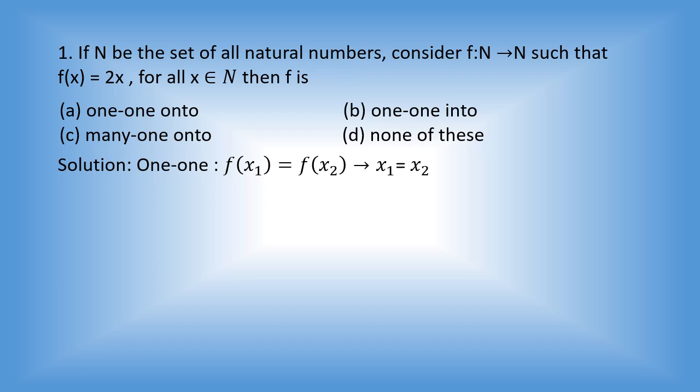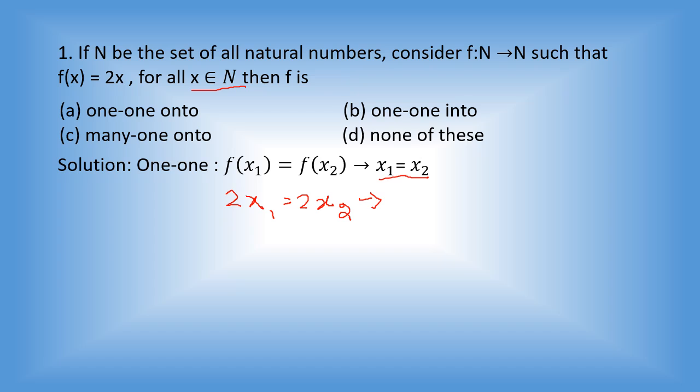So f of x1 is nothing but 2x1, and 2x1 is equal to 2x2. I can cancel 2, since it is a positive number, which implies x1 is equal to x2. Clearly this is true for all x belonging to natural numbers, meaning the function is one-one.